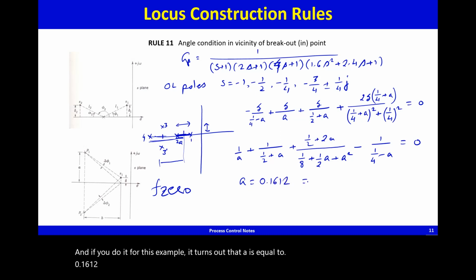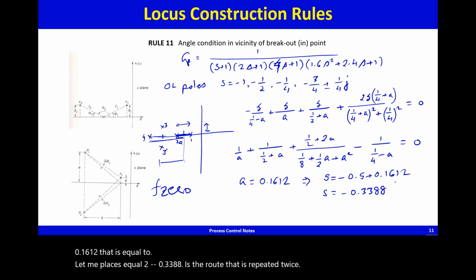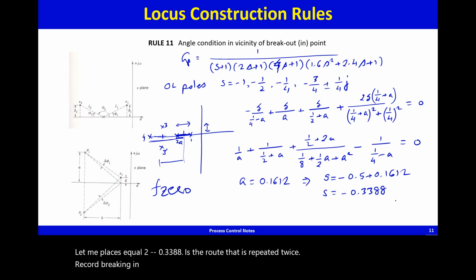What that means is, with pole 2 at minus 0.5, s is equal to minus 0.5 plus 0.1612, that implies s equal to minus 0.3388 is the root that is repeated twice. Break in and break out correspond to repeated real roots.